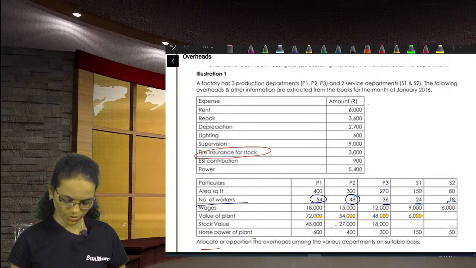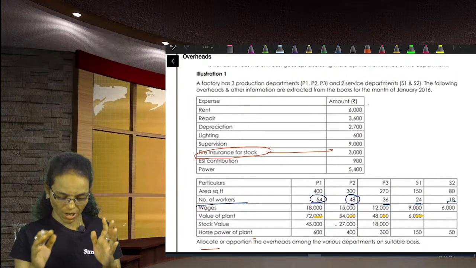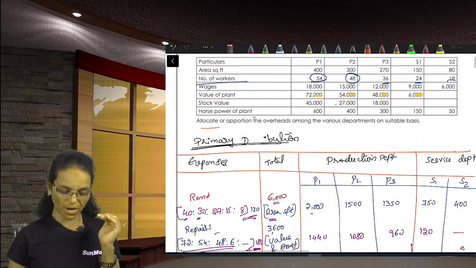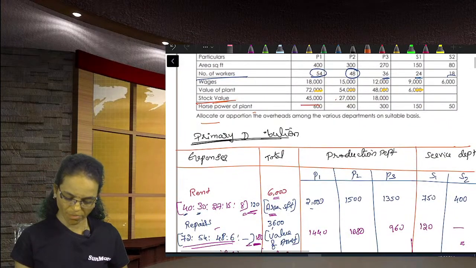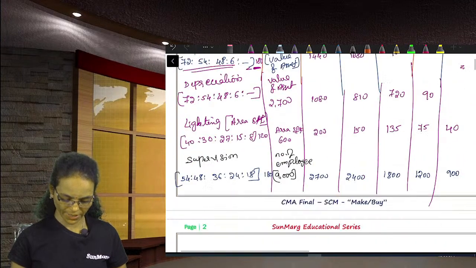Next, fire insurance for the stock. Fire insurance for stock is to be taken on the basis of the stock value in each department. Stock value in each department is given. 3 zeros common, you remove 3 zeros. 45, 27, 18.